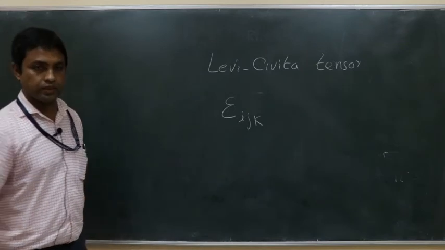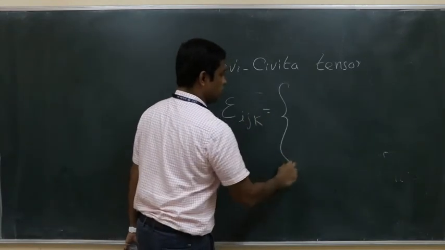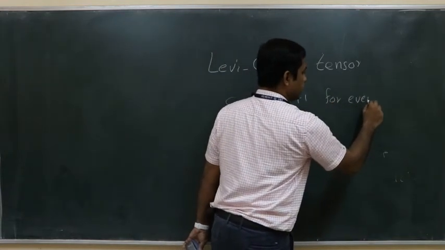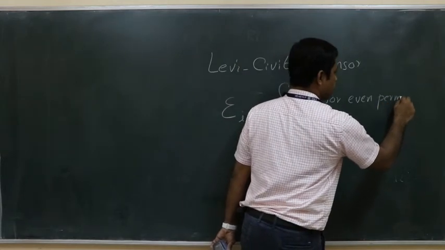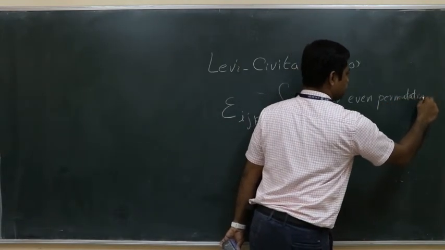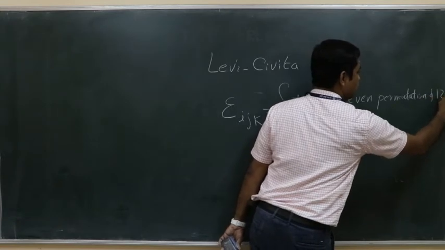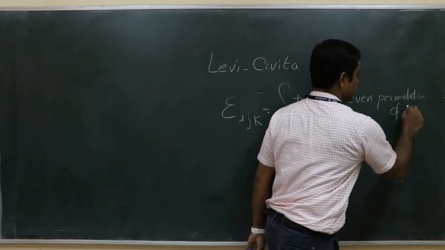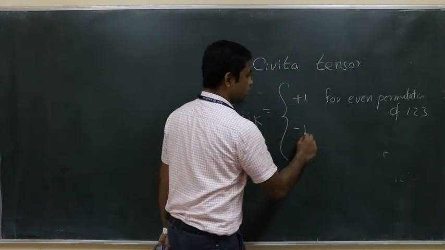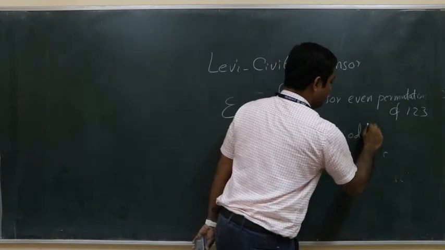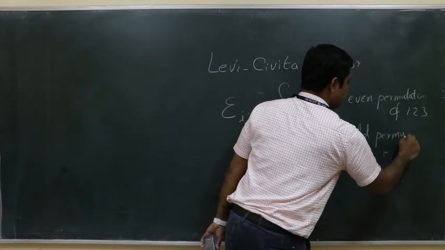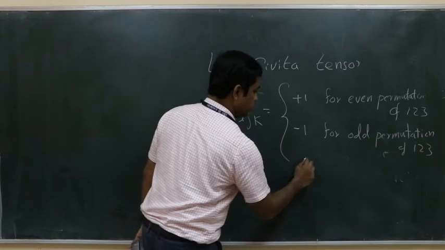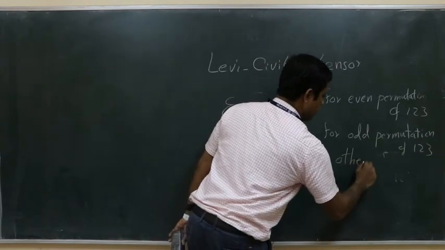It's a third rank tensor, which is equal to +1 for even permutation of 1, 2, 3, -1 for odd permutation of 1, 2, 3, and 0 otherwise.